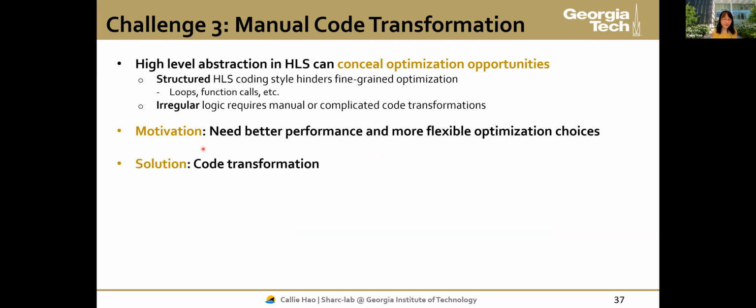And our solution is, of course, we can try to do this code transformation. Okay, so this is the third motivation and challenge, that we really want to do this code transformation at some point.